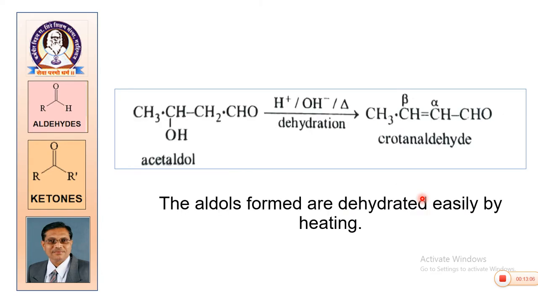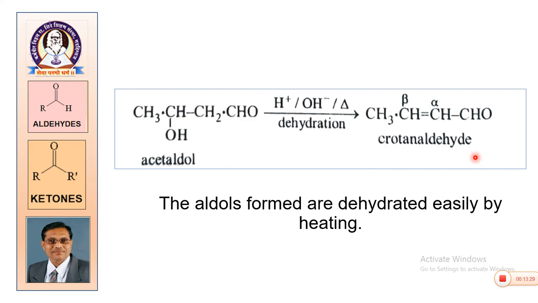Now, what is the fourth step? The acetaldol, or aldol in general, can be easily dehydrated. This dehydration is elimination of a molecule of water by eliminating OH and H from the adjacent carbon atoms, and we get CH3CH=CHCHO, which is crotonaldehyde.